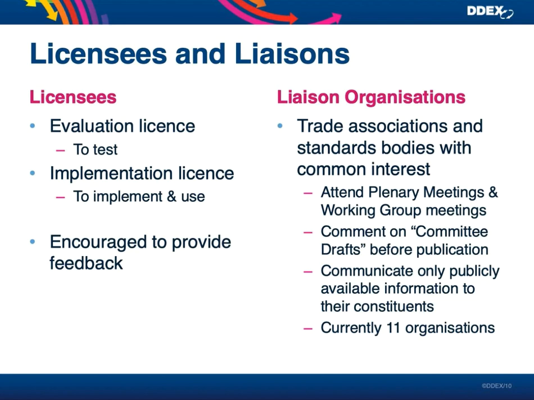And so the trade associations who have members of their own and standards bodies communicate on our behalf to their own members, and obviously that helps public awareness of what we're doing. We currently have 11 organizations of that nature from across the industry, and that is an area of association with DDEX that is growing all the time.